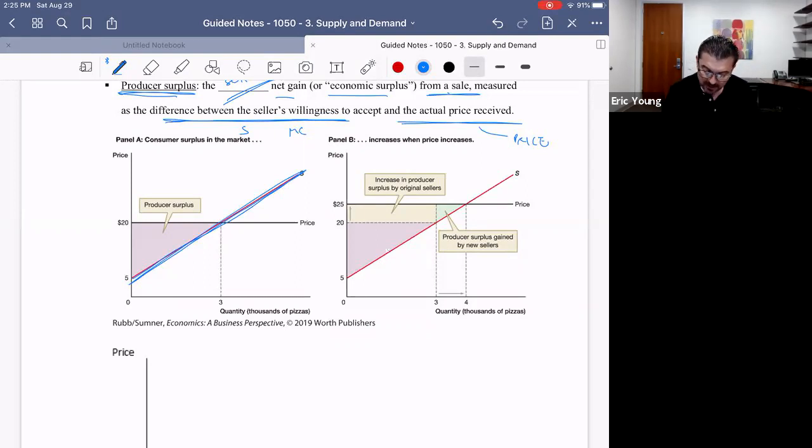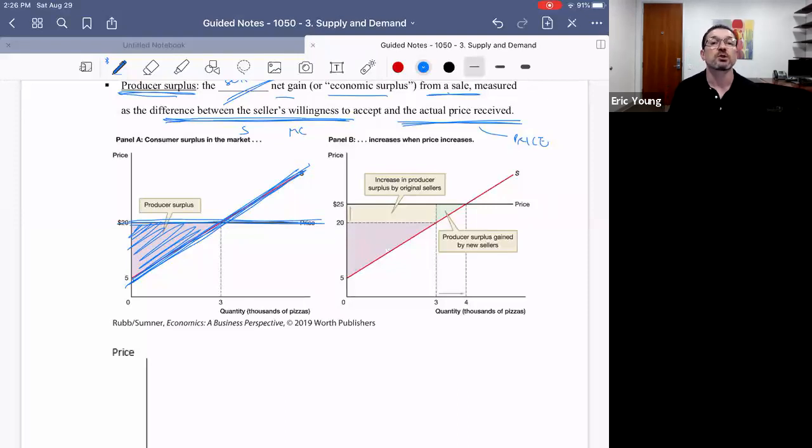So this idea that producer surplus is the difference between willingness to sell and price received tells us that producer surplus is a triangle bordered by the supply curve on one side and the price on the other. This triangle is above supply and below price, and we call this triangle producer surplus.